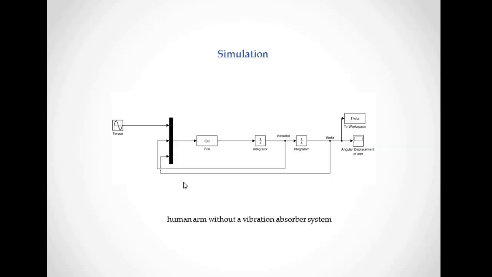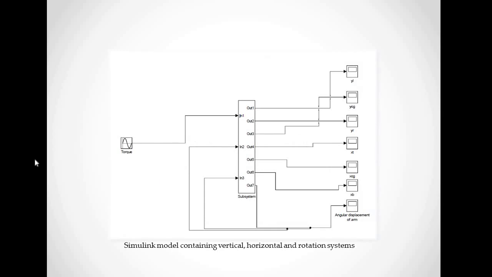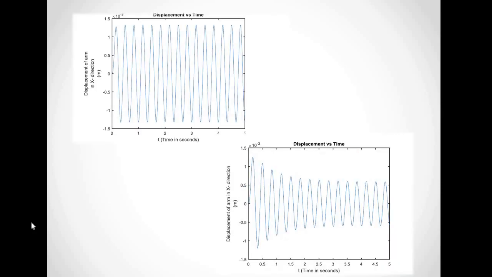In this page, I simulated a human arm without a vibration absorber system. A similar model containing vertical and horizontal and rotation system. As you see, the simulation result of displacement of hand without a vibration absorber system in horizontal direction. You see the diagram in the top left side.